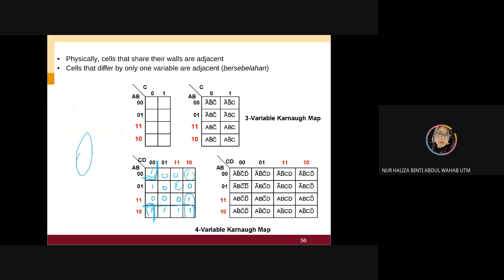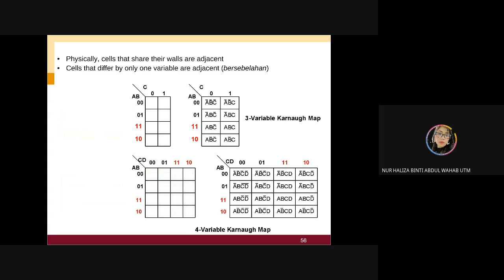You need to have the circle and then 2 and then 4 and then 6 and 6 and then 8. So what is all this? This is the simplification version later on. If you have this one beside, you need to do that. So I just give you an example why you need to know the adjacent.